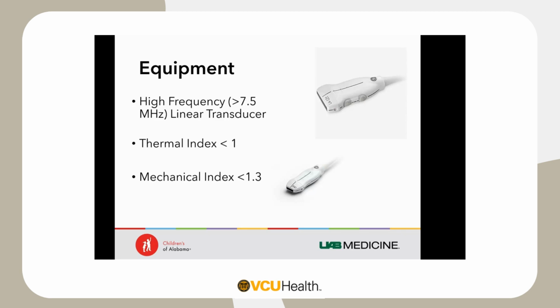And with the mechanical index, we are less than 1.3, though a lot of the presets that come with these newer ultrasounds are less than 0.7. That's making sure that with the ultrasound wave being formed, the gaseous movement doesn't cause any harm to these very delicate tissues.